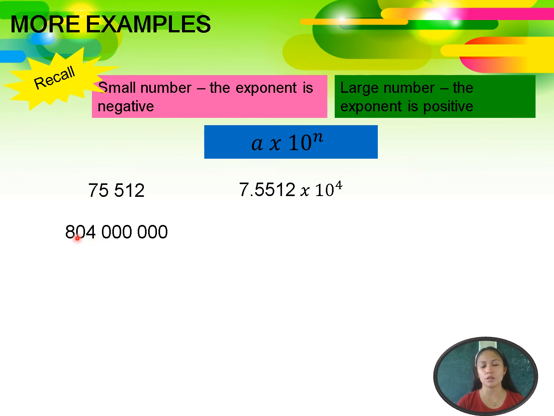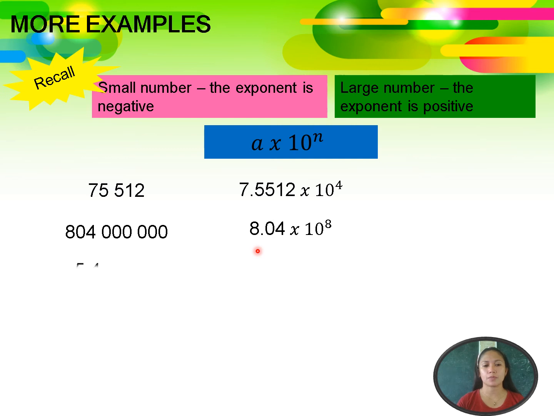We'll stop here so that our first factor is 8.04 times 10 to the power of 8. Why? Because we have here 1, 2, 3, 4, 5, 6, 7, and 8. So we have 8 movements, and it's positive since 804 million is a big number or a large number.